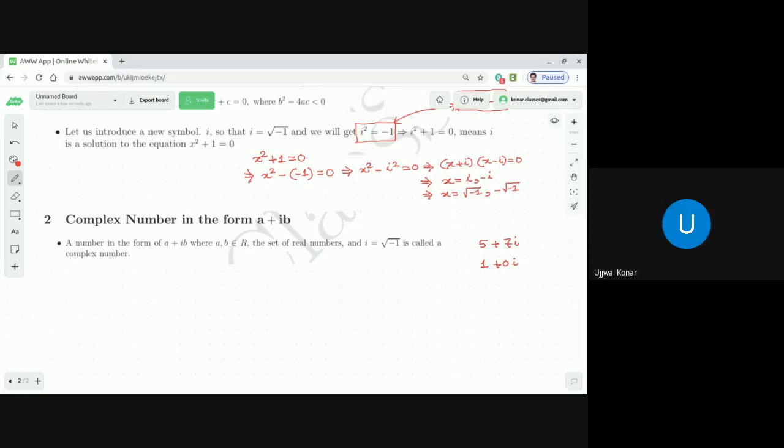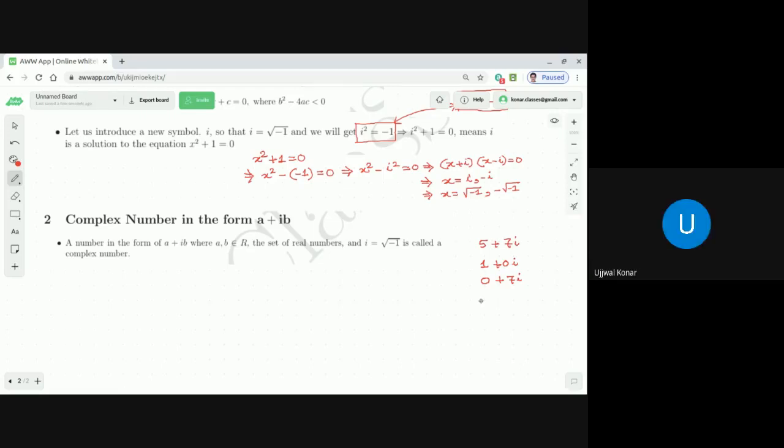But I can express that in the form of a complex number where the imaginary part, I'll discuss in detail about the imaginary part, is 0. I can write a number like 0 plus 7 into i, where both 0 and 7 belong to the set of real numbers.